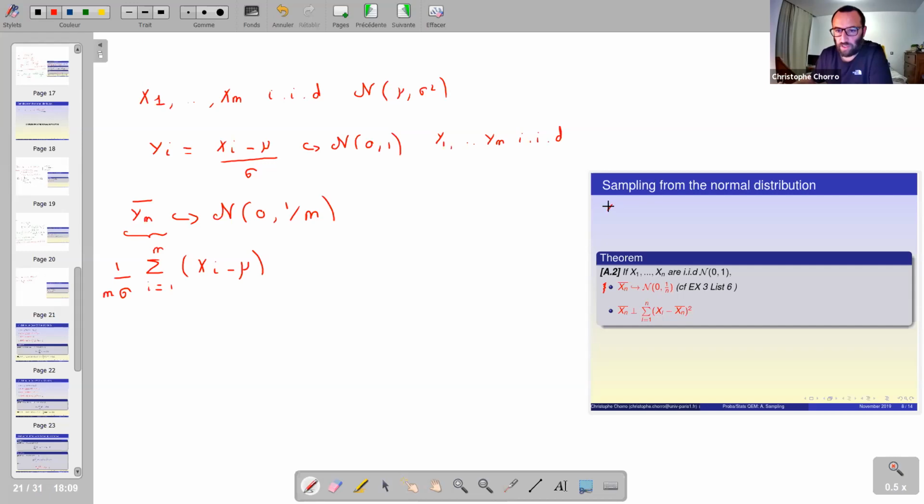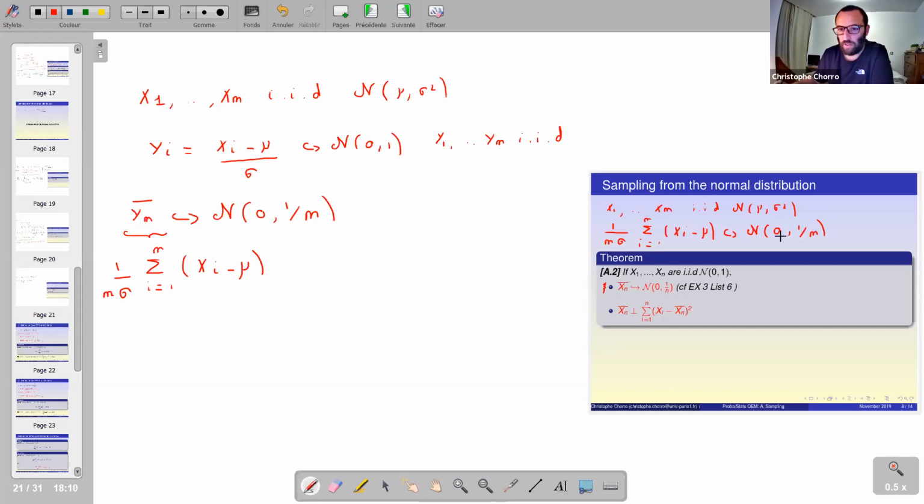If I have X1, ..., Xn that are i.i.d. N(mu, sigma squared), then I can say that (1 over n sigma) times the sum for i equal to 1 to n of (Xi minus mu) follows N(0, 1 over n).